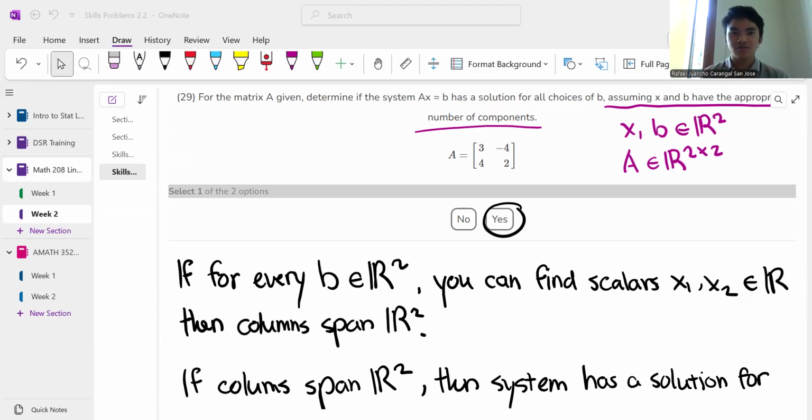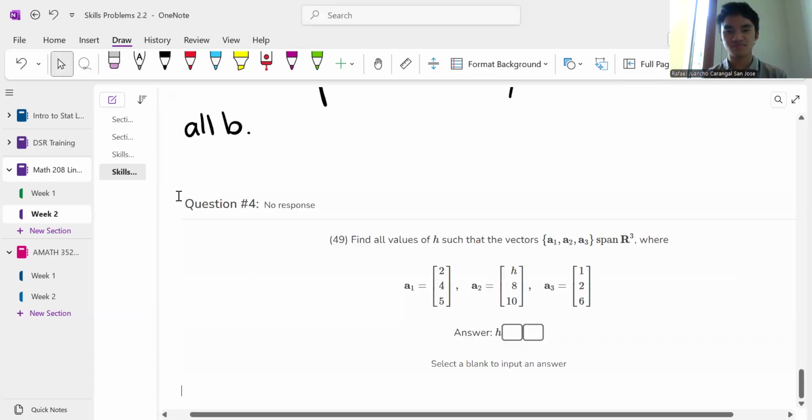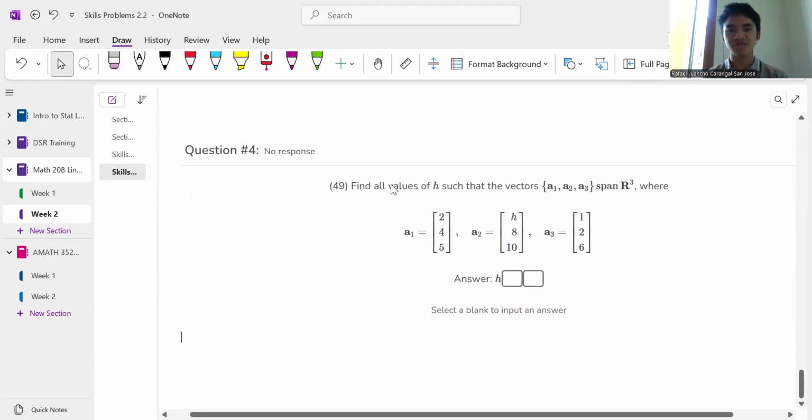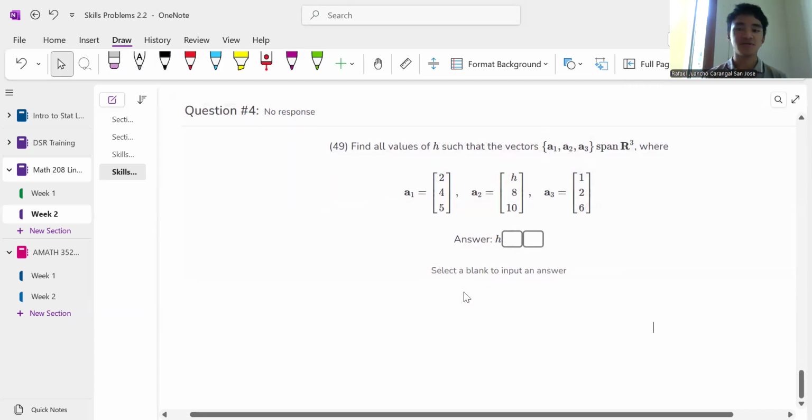Okay, moving on. Question number 4. And this is asking us to find values of h. So I wonder what h is going to be. Is it a scalar? Is it a vector? Actually, I'm just going to put it here. Let's see. So you want to find values of h such that the vectors a sub 1 to 3 span R3.